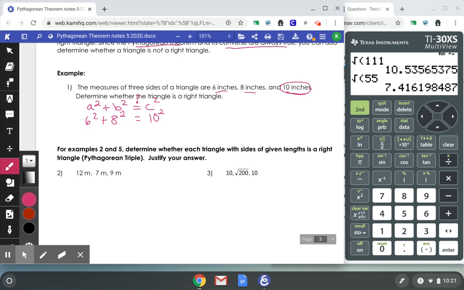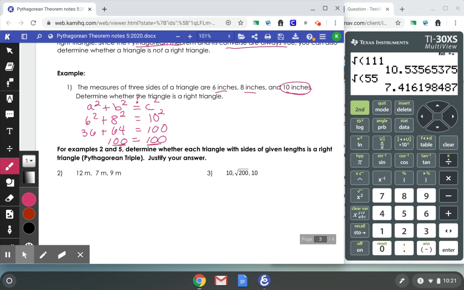Now I want to see, is this actually true? Does 6 squared plus 8 squared equal 10 squared? Well, 6 squared is 36, 8 squared is 64, and 10 squared is 100. If I add 36 and 64, I get 100. Since 100 equals 100, that means that A squared plus B squared does in fact equal C squared.